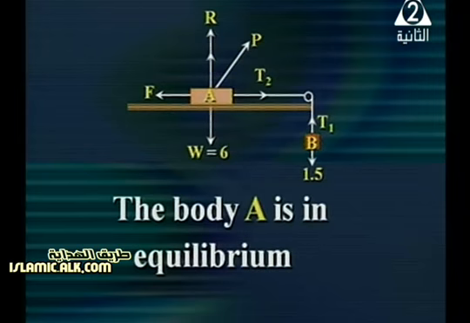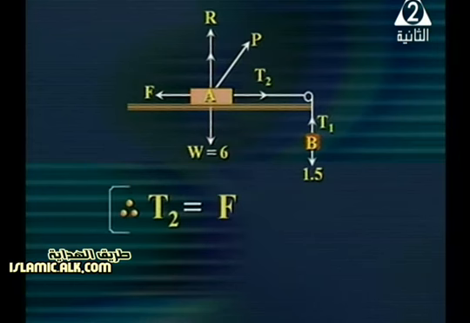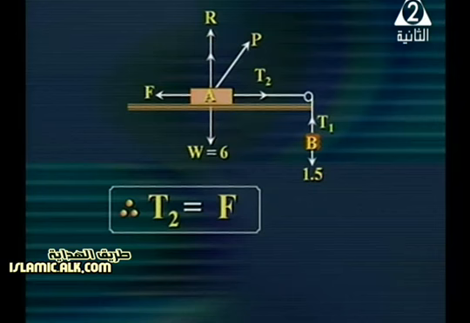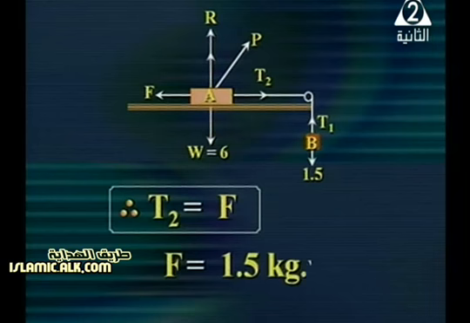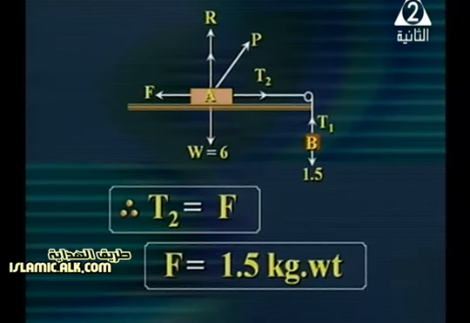Body A is in equilibrium, so we have two equilibrium equations. The first: T2 equals F. Remember, T2 equals T1, T1 equals 1.5, so T2 is 1.5. Then F equals 1.5 kilogram weight.